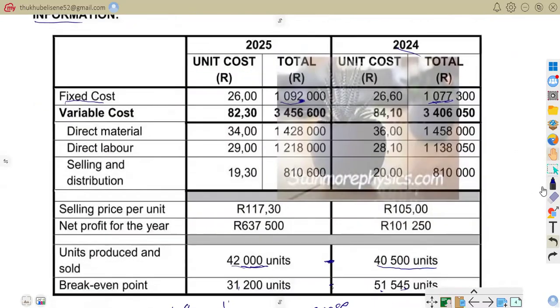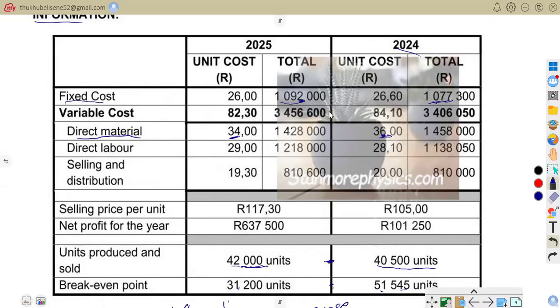So we can talk about direct material cost. You see that it was 36 rand. So it means direct material cost decreased from 36 to 34. So that is by 2 rand.